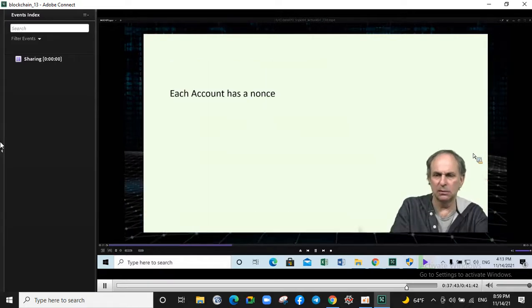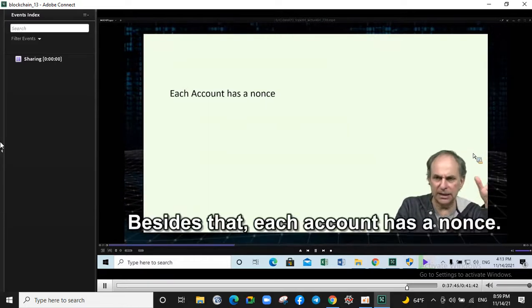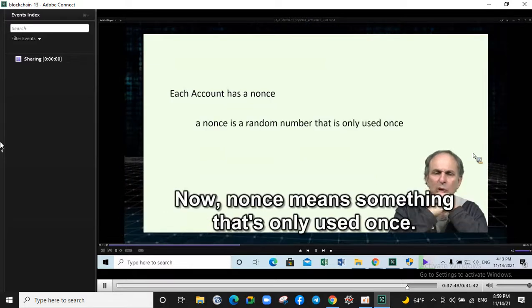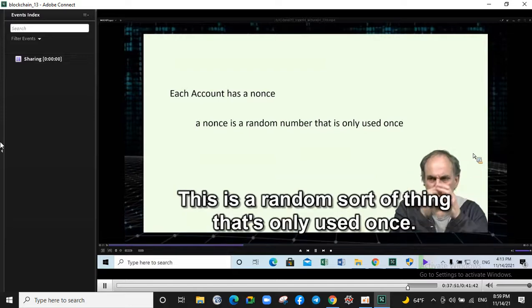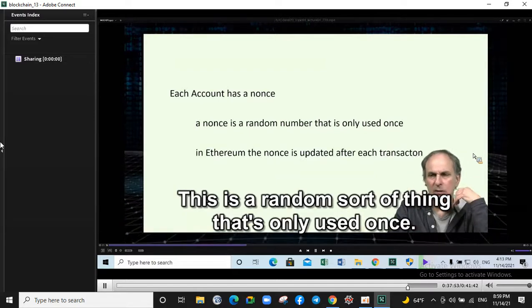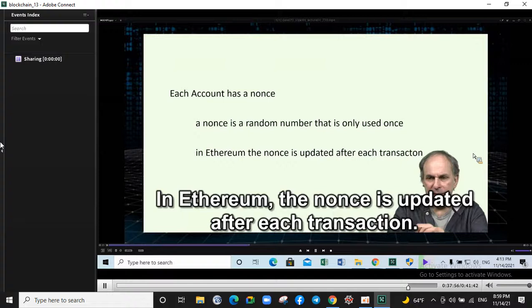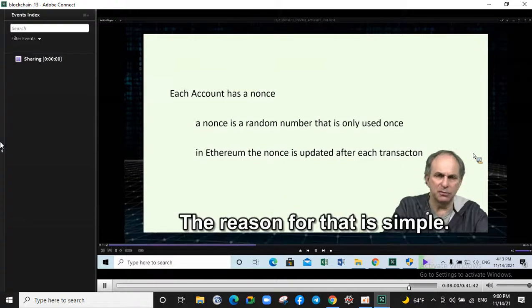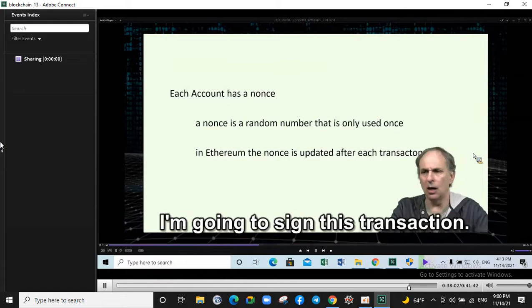Besides that, each account has a nonce. Now, nonce means something that's only used once. So this is a random sort of thing that's only used once. And in Ethereum, the nonce is updated after each transaction. And the reason for that is simple. I'm going to sign this transaction.